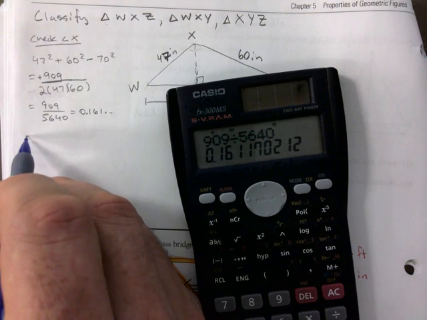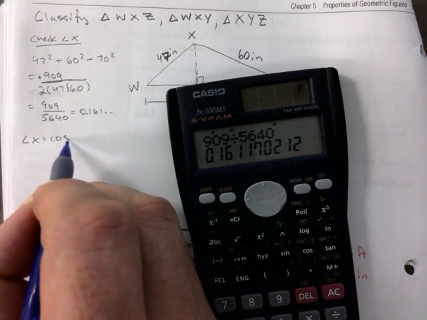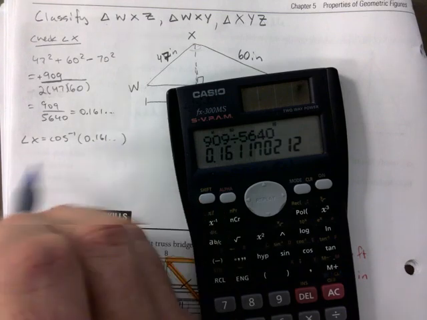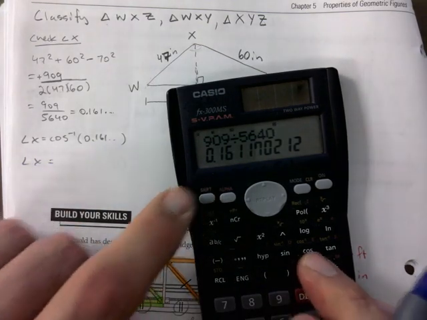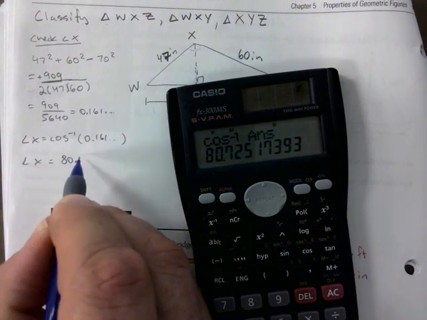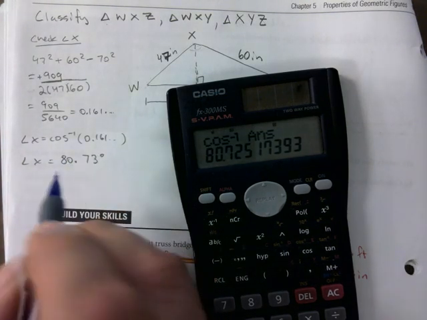So to find angle X, I'm just going to go cosine inverse of 0.161, right? So take the inverse of cosine, and that's 80.73 degrees.